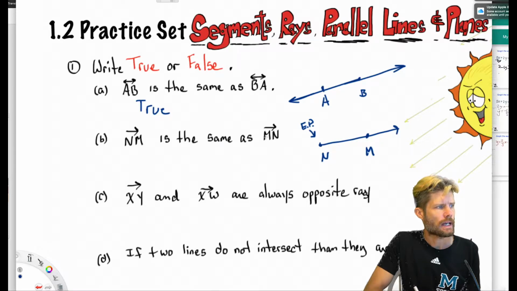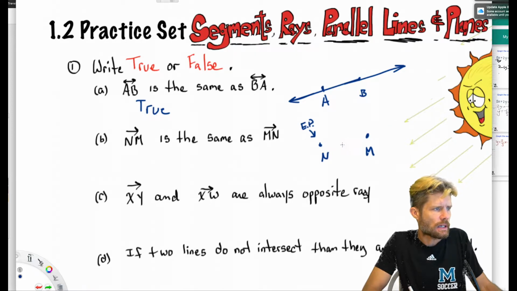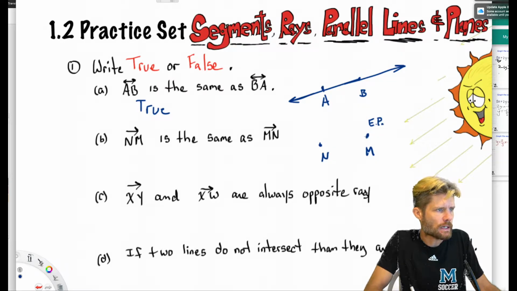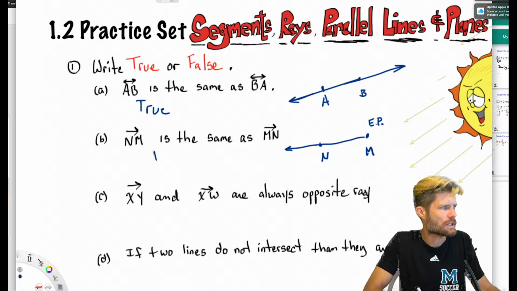Well, ray MN would mean that I'm starting with the endpoint M, and I am going through N in this direction. Well, those are two different rays. So these are not the same. They have different endpoints and they go in opposite directions. So this is false.